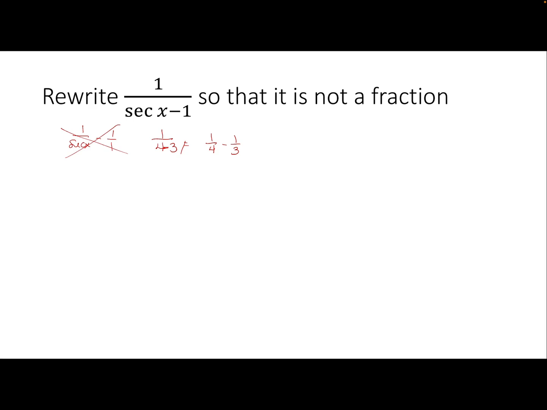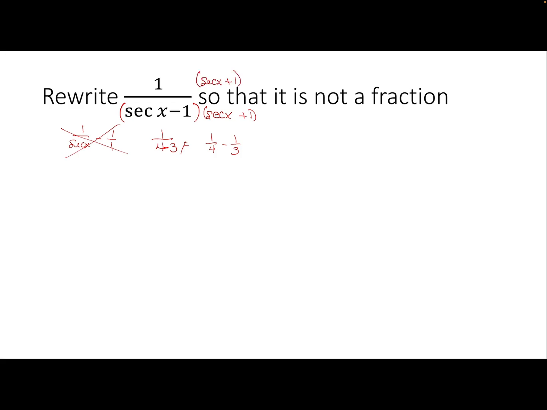So that strategy is to multiply by something similar to its conjugate, or what we would talk about as a conjugate if we were working with complex numbers. So the secant of x plus 1 multiplied by the secant of x minus 1 gets us a difference of squares.